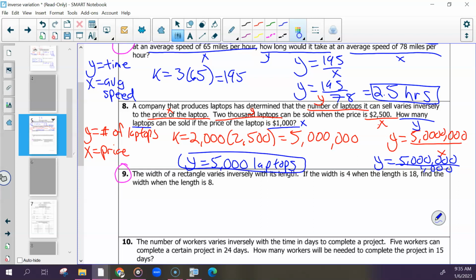And if we multiplied 5,000 and 1,000, we'd get 5 million, so that works. Questions on that one? Right, and then the last one, 11.